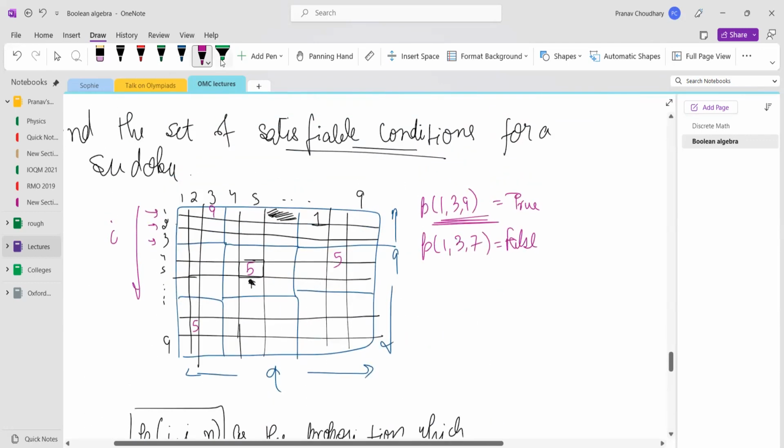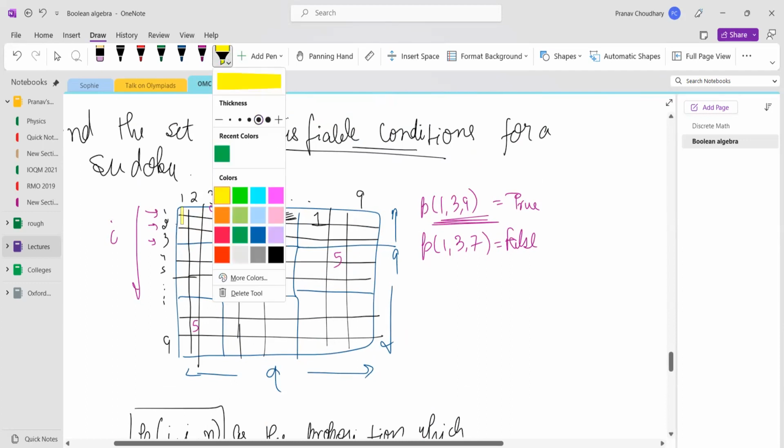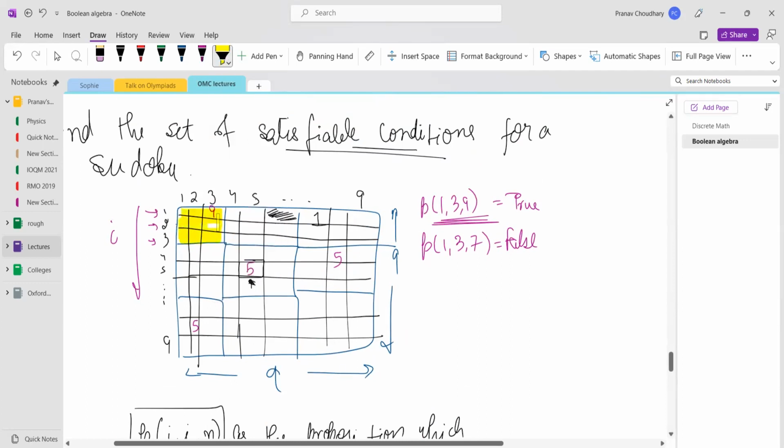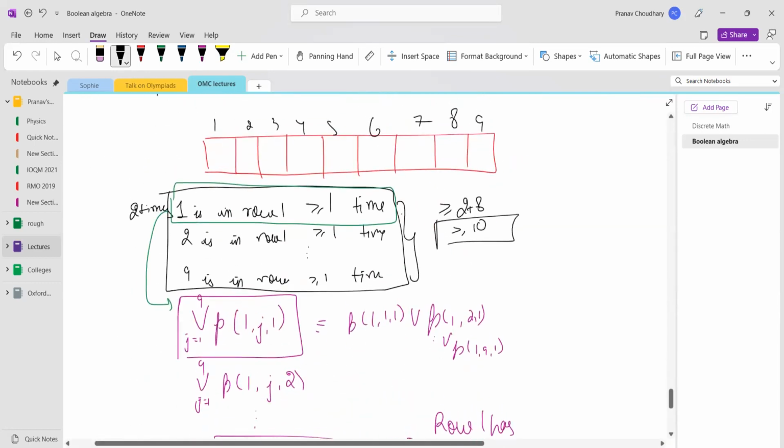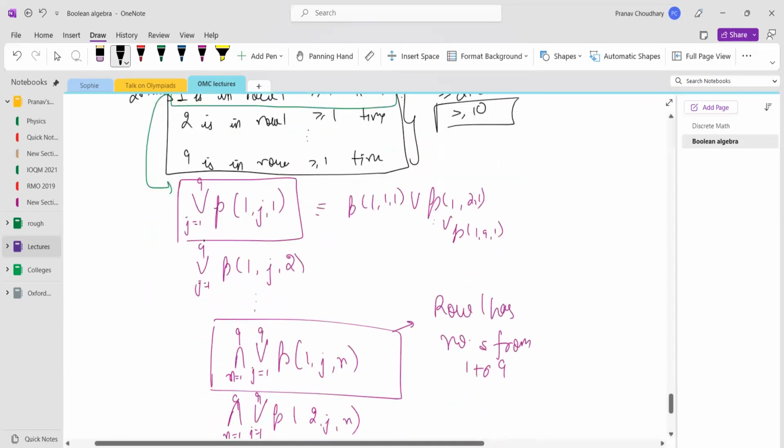Now we also want to make sure that each block, let's say this block, has all the numbers from 1 to 9. So how do we do that? Think about it for a minute. Okay, not a minute, take 2 or 3 minutes. Take until 7:21.